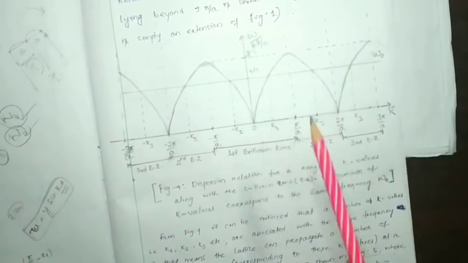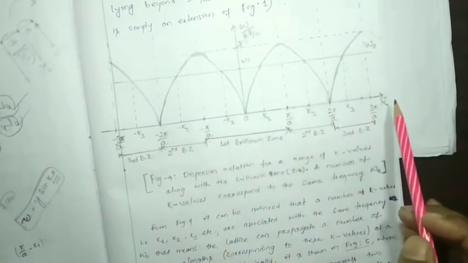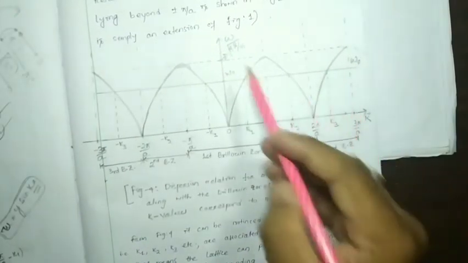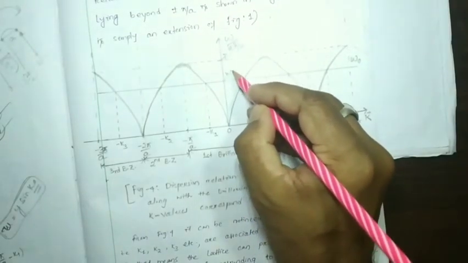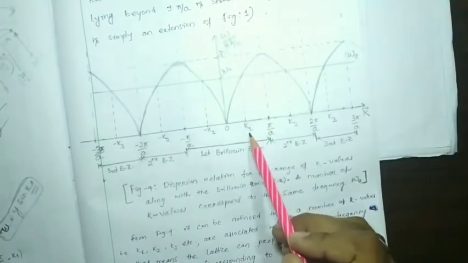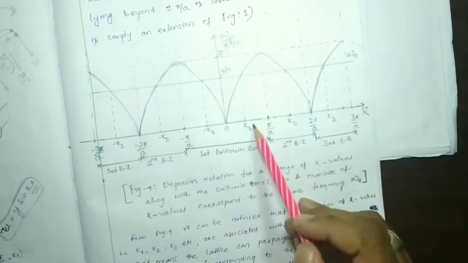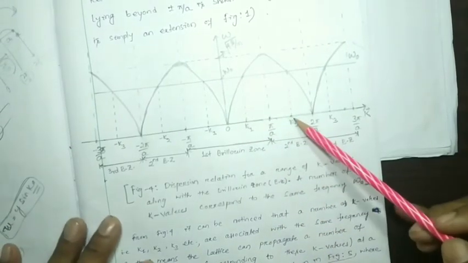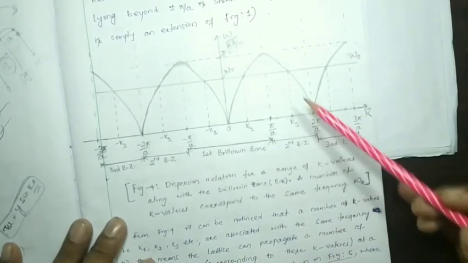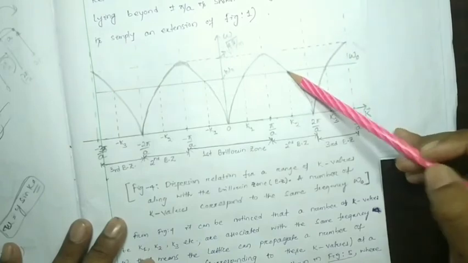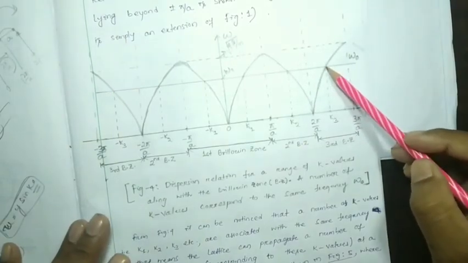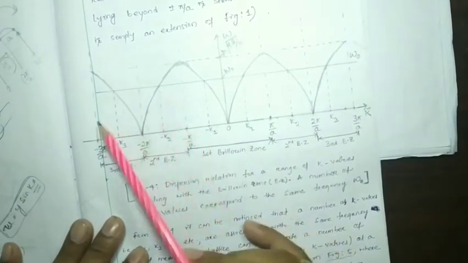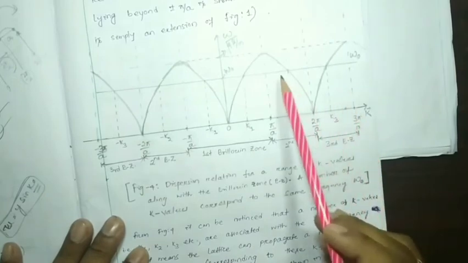That means you can see that different k values have the same frequency omega 0. At k1 the frequency is omega 0, for k2 this is also omega 0, the same frequency. k3 also omega 0, and here also minus k1 and minus k2 give omega 0. So different wave numbers have the same frequency.